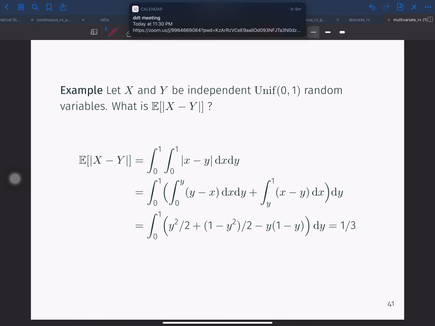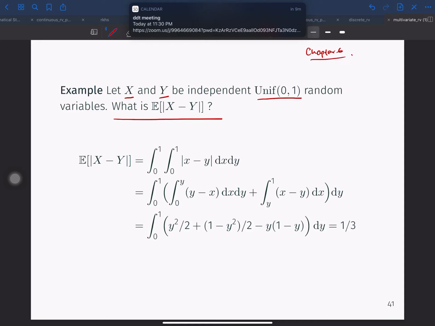So as a cute example, let's do this problem. Suppose I have x and y independent, uniform, and I want to know what is the expected value of x minus y. We'll see many of these kinds of examples later in chapter 6.